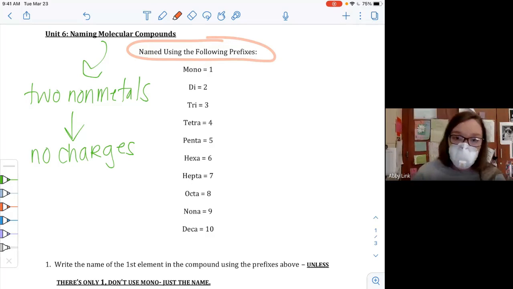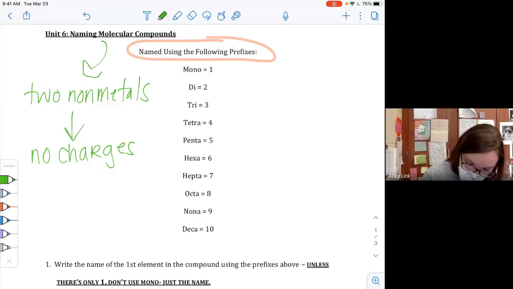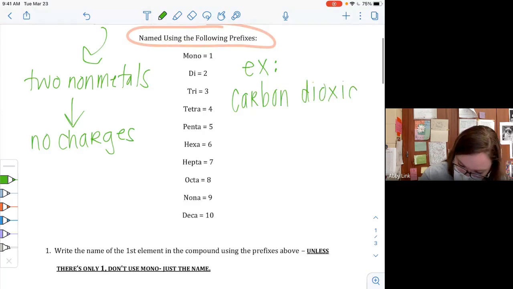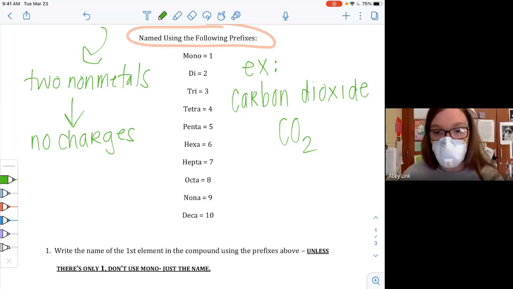All right, let's look at an example, and we'll try to deduce how these things are getting named. For instance, the compound carbon dioxide. We're pretty familiar with that, right? We are all exhaling a lot of it right now because our brains are working really hard to listen and focus and learn.